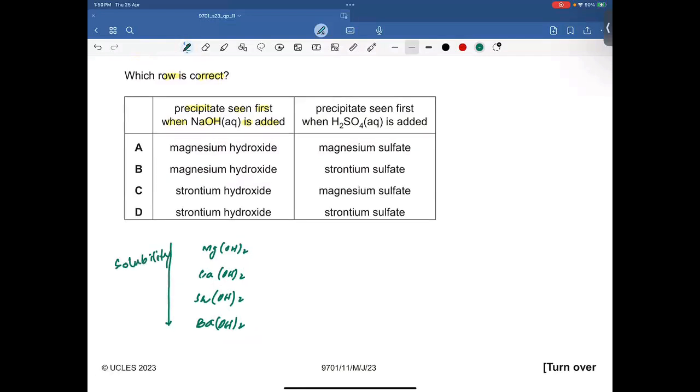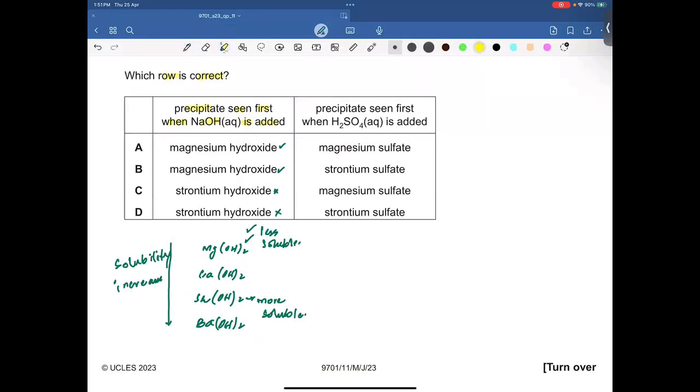We have discussed this trend in the lecture. That means magnesium hydroxide is less soluble, and obviously the other is more soluble in comparison. So the precipitate first seen should be of magnesium hydroxide.